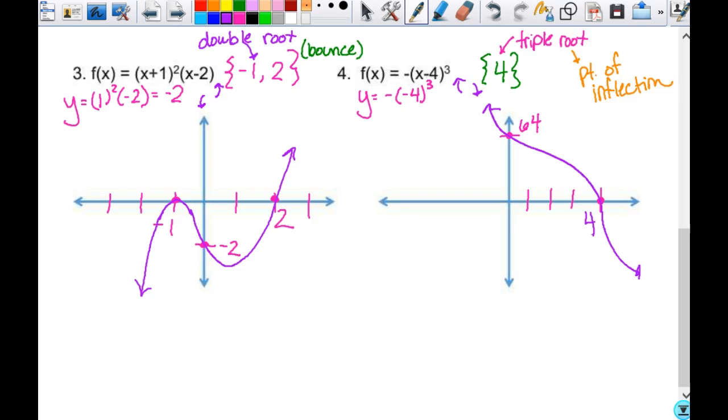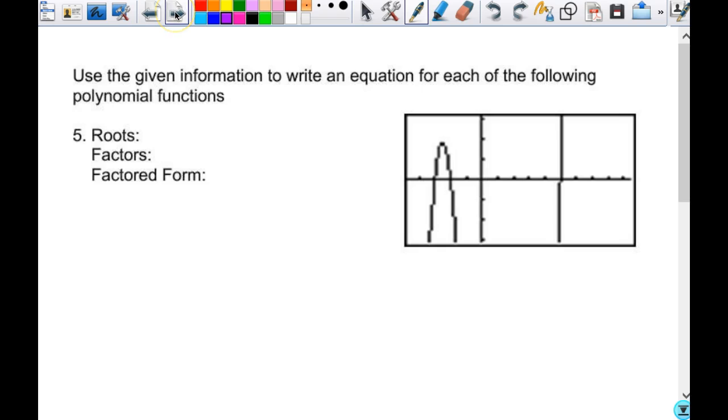Okay, let's go to this next one. It says, use the given information to write an equation for each of the following polynomial functions. So on here, these graphs leave a lot to be desired, but it's taken off of a calculator with bad pixelation, so that's why it looks like it does. But I can tell, hopefully, that this is the axis.